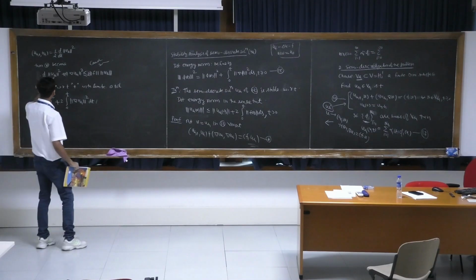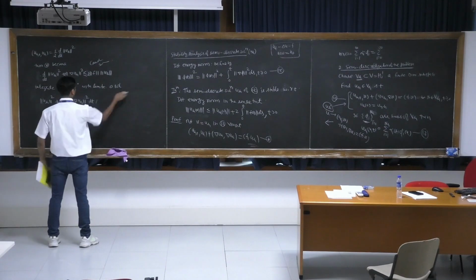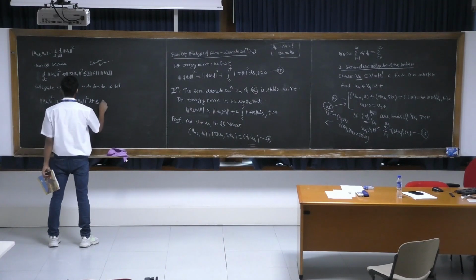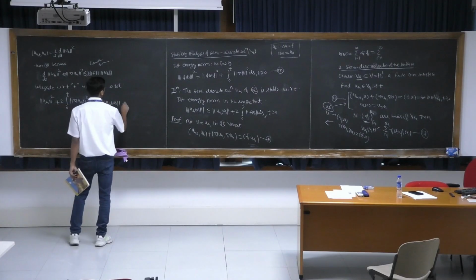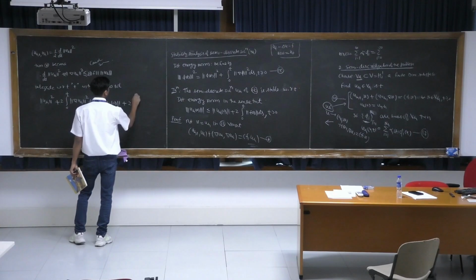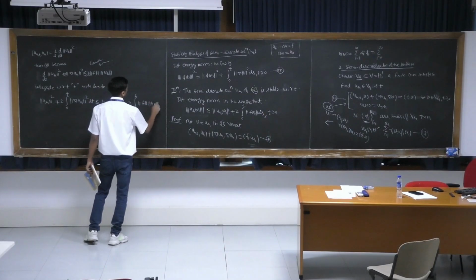So this is u_h at time t and at time 0, so that will go to the right-hand side. So norm of u_h(0) square plus twice the integral 0 to t of norm of f times norm of u_h.